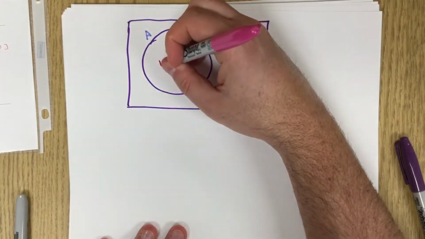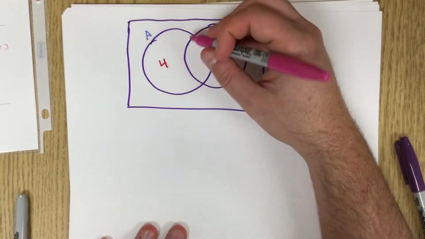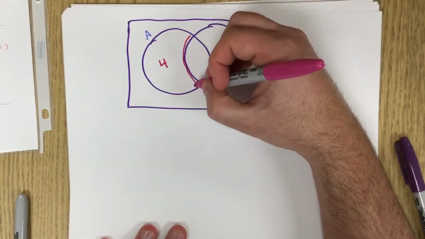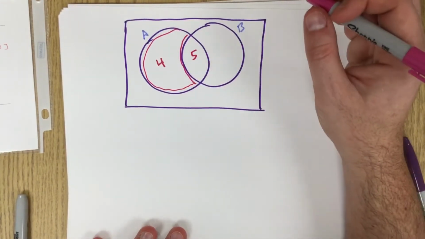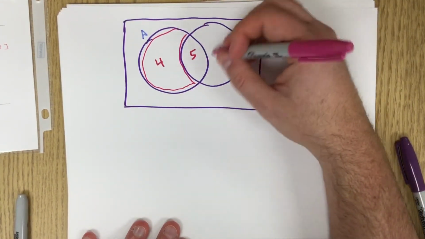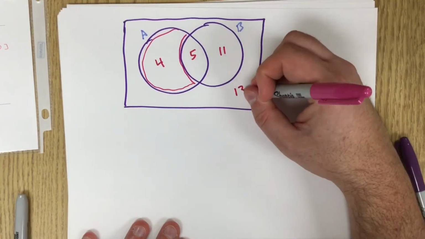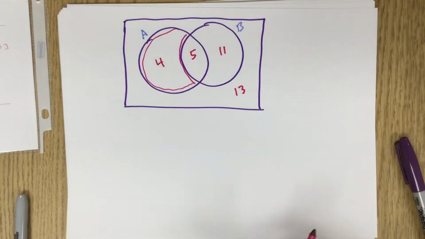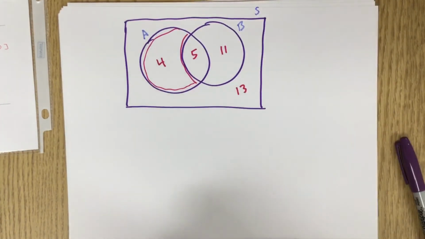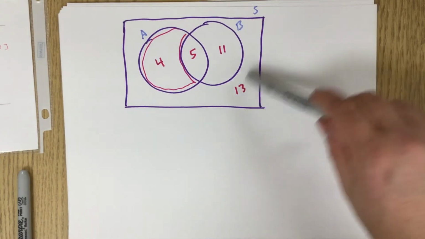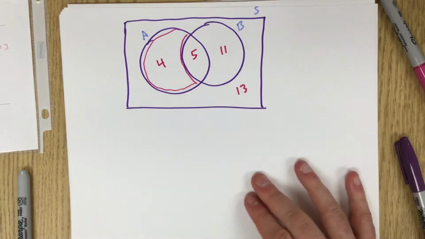So I'm going to say there's 4 things in this region over here, 5 things in there, 11 things in this area over here, and 13 things over there. And I'm also going to call this S. So these numbers refer to the number of things in each region.